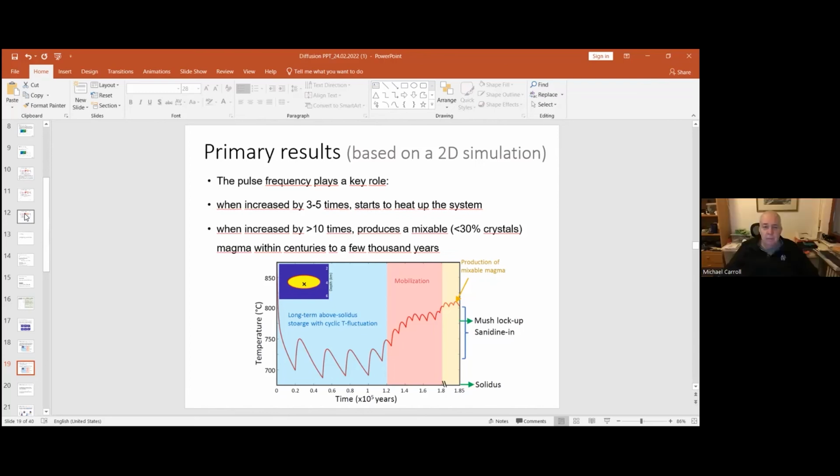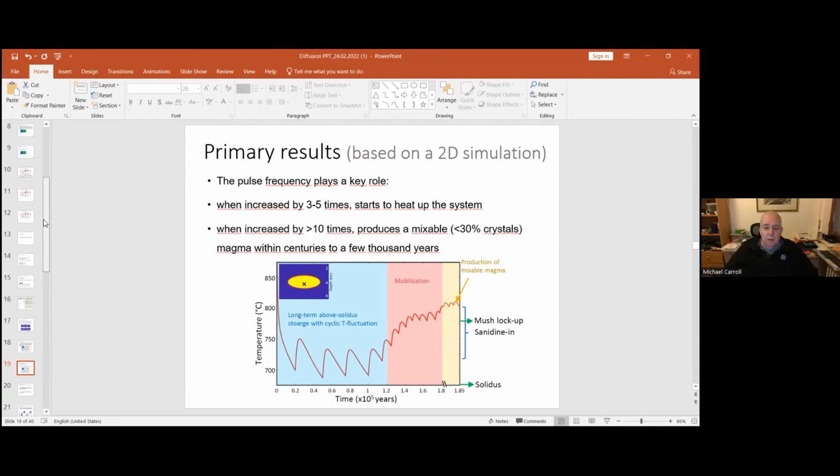Okay. So that gives us some level of confidence that these are indeed diffusion profiles.